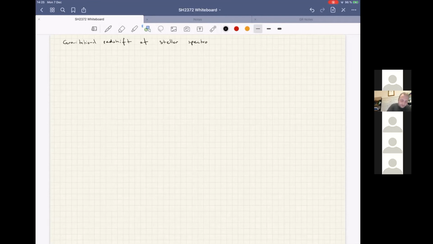So a priori, if you have a star, something like that, and that star emits light, you know how light in the stars is created thermally.